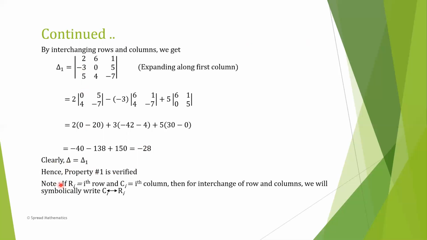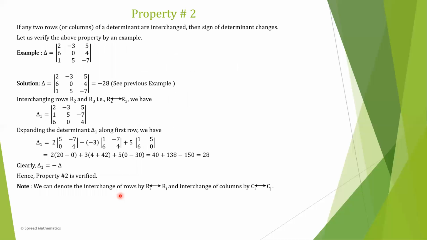You should remember this also: if Ri means the ith row and Ci means the ith column, then for interchange of rows and columns, we will symbolically write Ci interchanged by Ri.